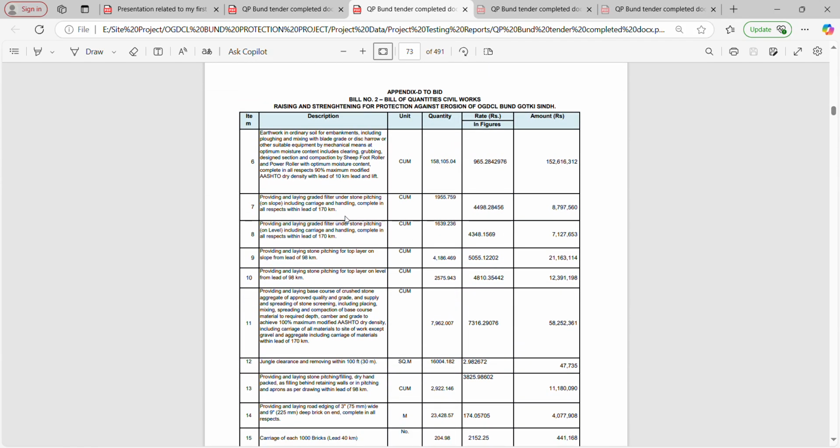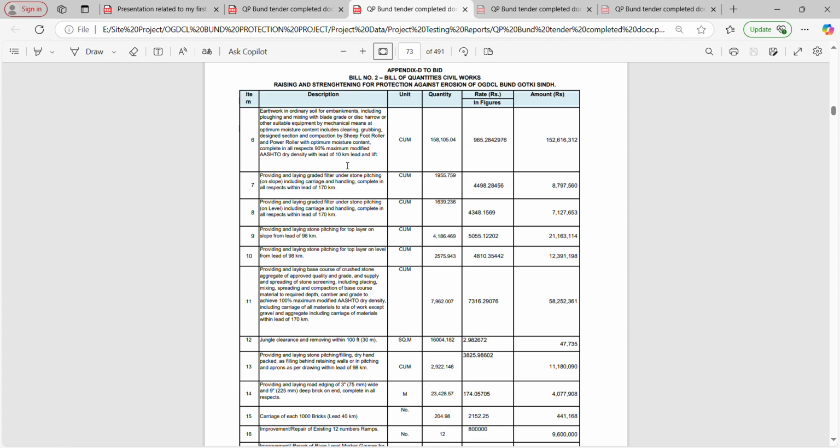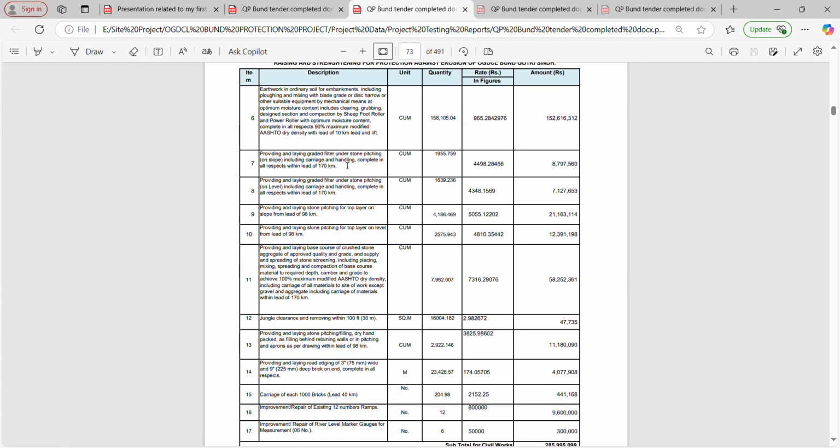Bill 2 is related to the civil works, which include earthwork with compaction of 90 percent maximum dry density, layer by layer compaction. The seventh item is graded filter on slope, and then graded filter on level.